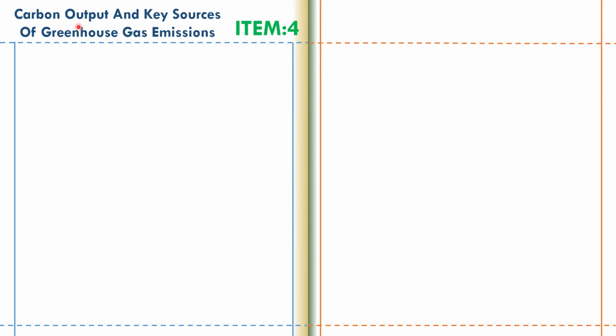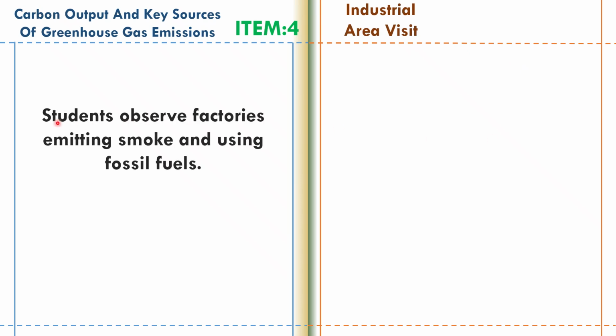Let's now go to carbon output and key sources of greenhouse gas emissions. Item 4. Industrial area visit. Students observe factories emitting smoke and using fossil fuels.